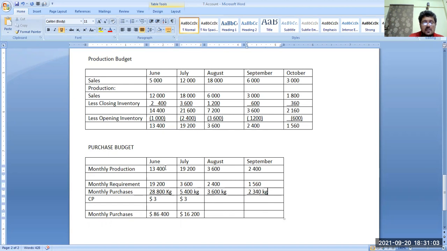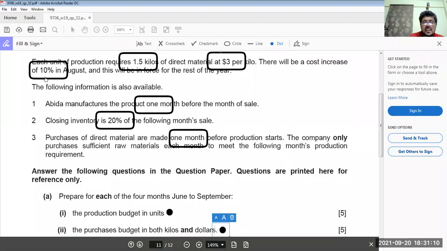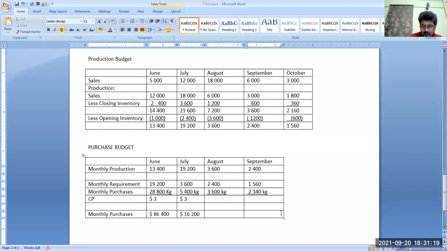Now, there was a problem, I think, in the price. Let me check the problem. 10% increase from August. So the purchase price would be $3 multiplied by 110%, that is 3.3. So in August, the price would be $3.3. So 3,600 multiplied by 3.3, answer is $11,880.